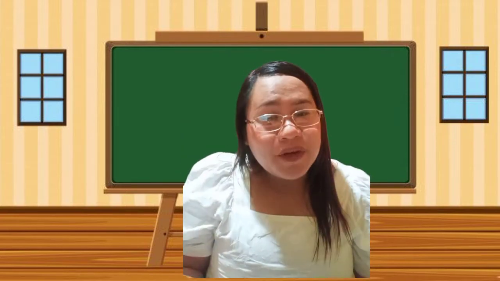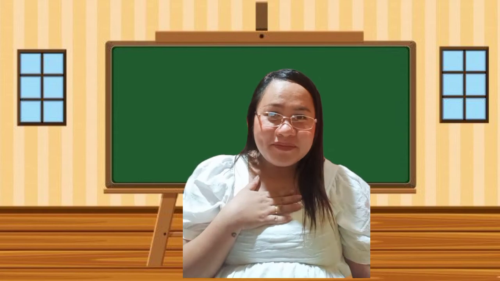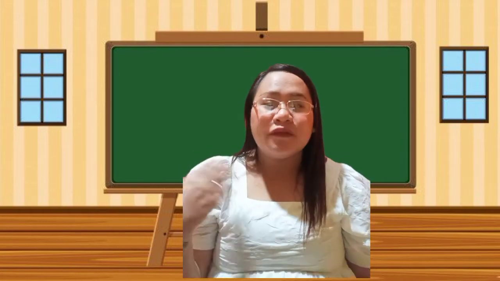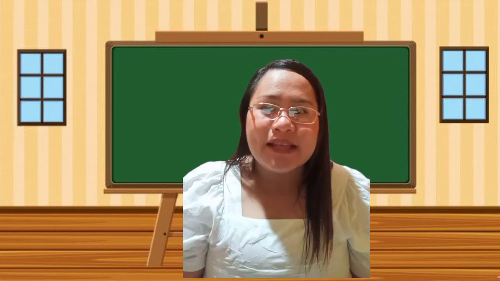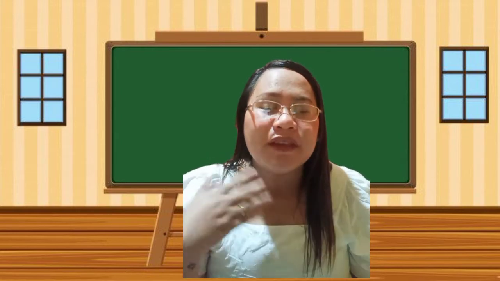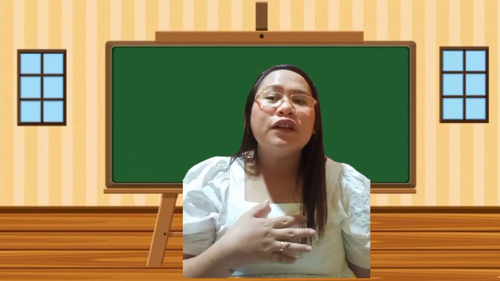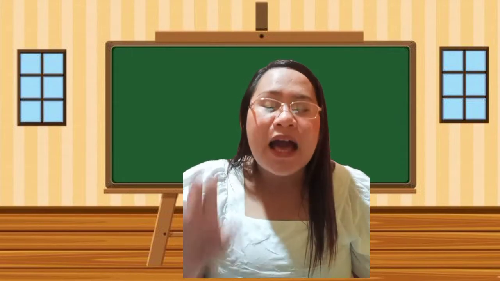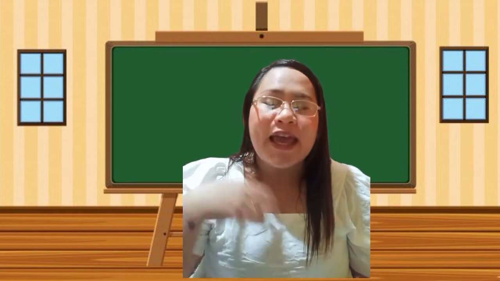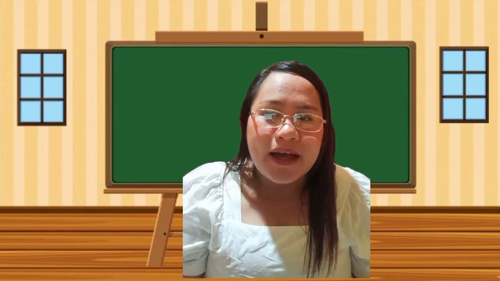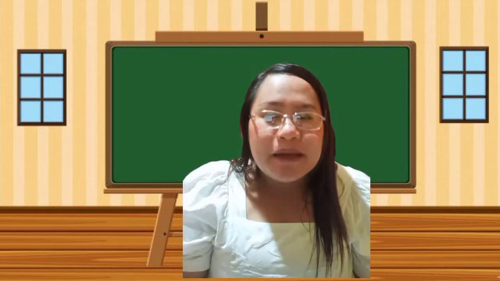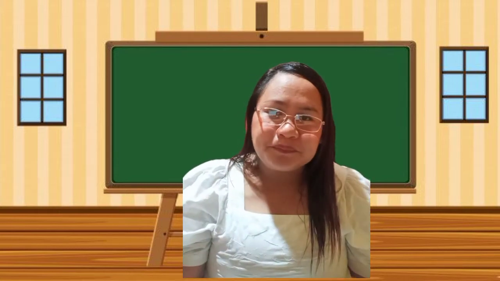Okay, are you ready for our activity? Now I will divide you into 4. Each group has a worksheet and I will give it to you later. All you need to do is to place the words above the table, and you are going to identify if it is the name of a person, things, place, or animal.